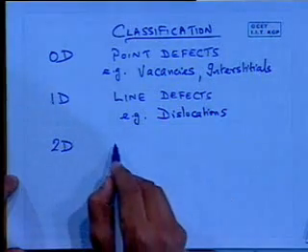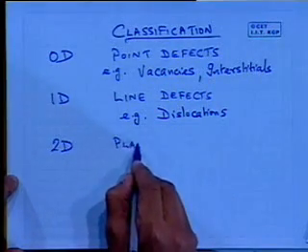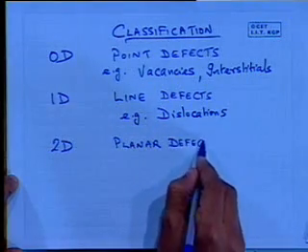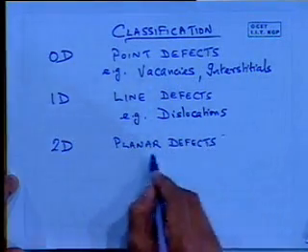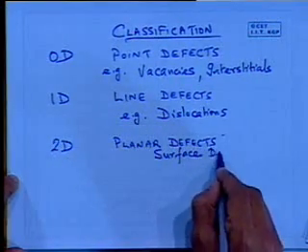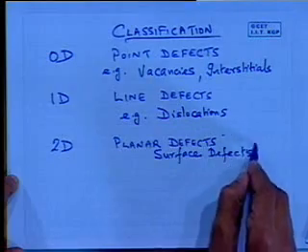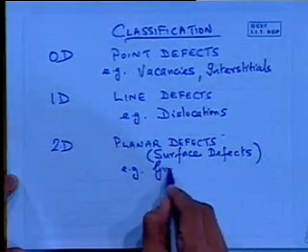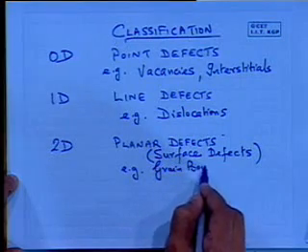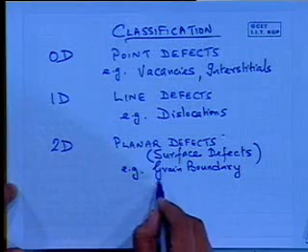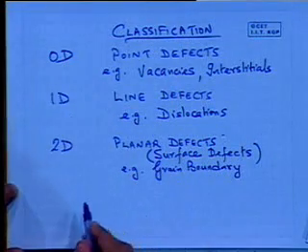Then we have two-dimensional defects, which are planar defects, or they are sometimes referred to as surface defects because they involve the creation of a surface. And an example of that would be grain boundary, twins, stacking faults, and so on, which we'll take up.